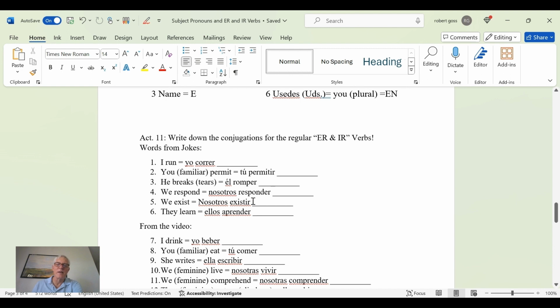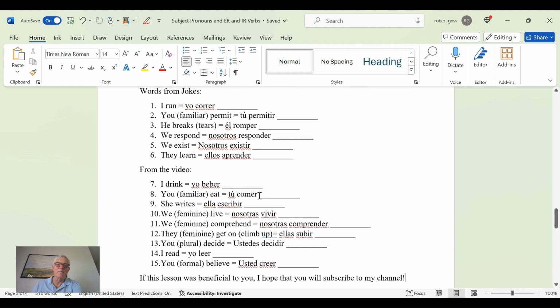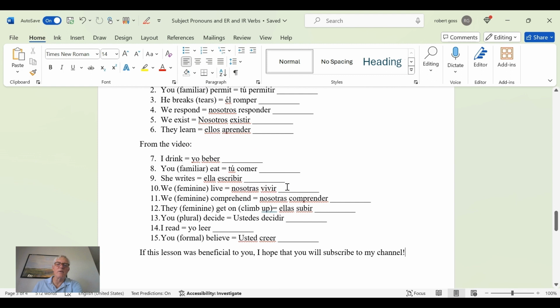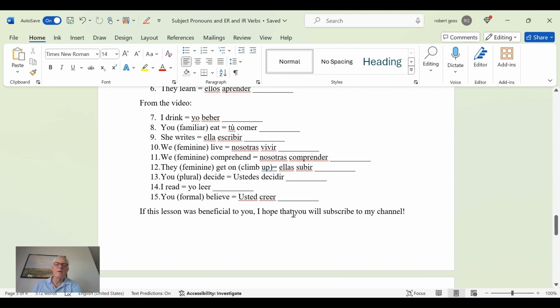Permitir, permit. Existir, exist. Escribir, to write. Vivir is to live. Subir is to climb or to go up. Decidir is to decide. All of these are examples of verbs that end in IR. If you look in the dictionary and look up write, you would find escribir, which ends in IR.